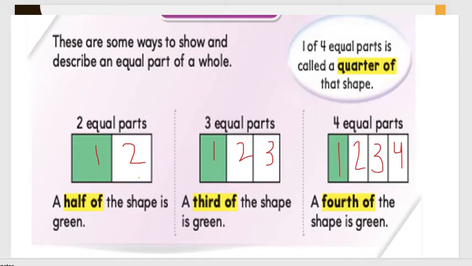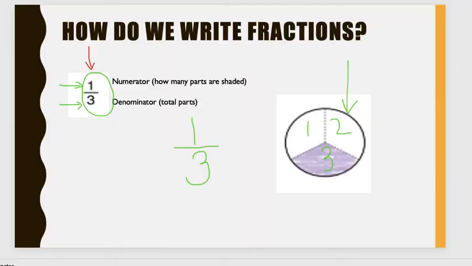We have 2 equal parts is halves, 3 equal parts is thirds, and 4 equal parts is fourths. Then we also have that we can write fractions in numbers. Our top number is called our numerator, and our bottom number is called our denominator.